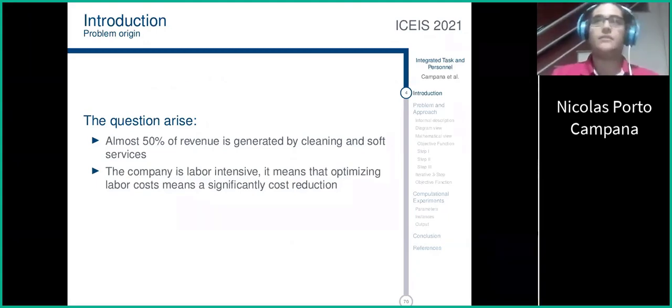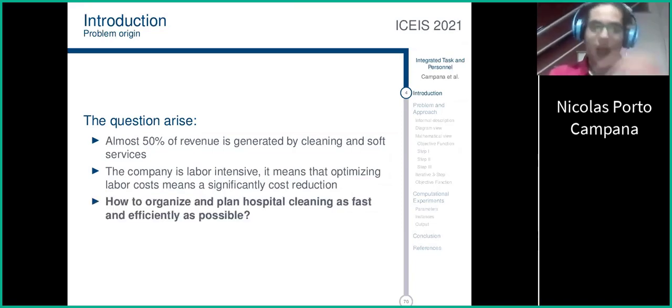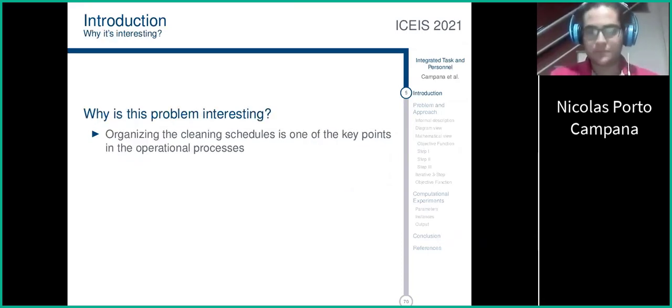What it means is that the company needs to manage a lot of employees. So it means that optimizing the labor cost can significantly bring a cost reduction. So how to organize and plan hospital cleaning as fast and efficiently as possible?